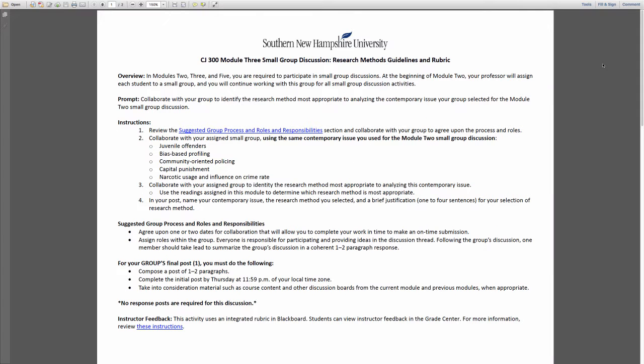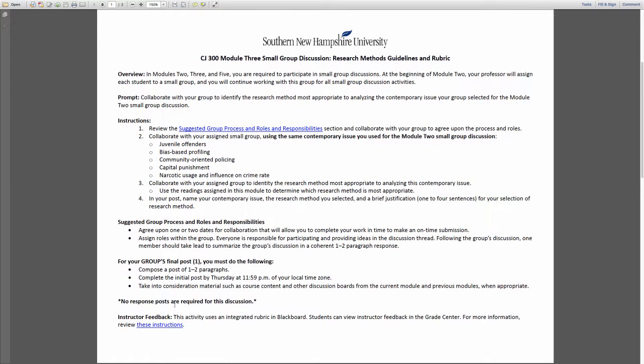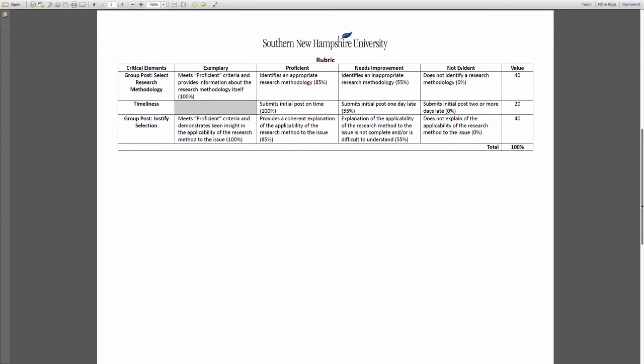All right, before everyone goes, let's just take a quick minute to look at the actual document, the guidelines and rubric for you. All of this should look familiar. It's exactly what I have in the PowerPoints. Shouldn't be anything unusual there. Let's go down one page. There is your rubric.